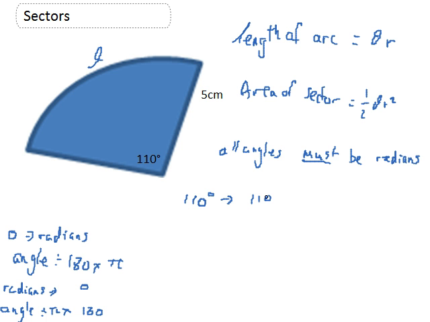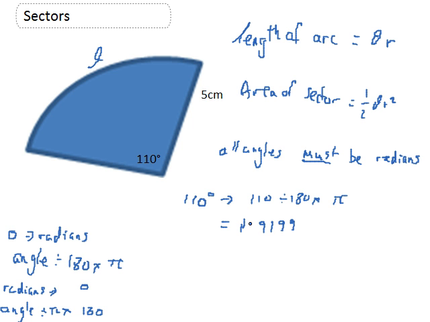So that's 110 divided by 180 times pi, which gives me 1.9199.